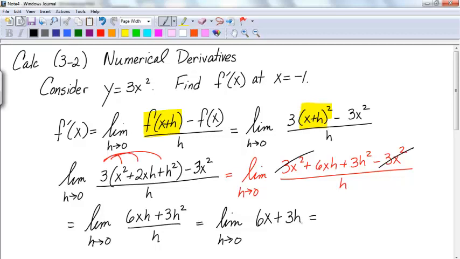Once you've reduced it, then you let h go to 0, which basically means you substitute in 0. So you'd have 6x plus 3 times 0, that drops out, and your first derivative then is 6x. So that is your f prime. Okay, so f prime of x is 6x.